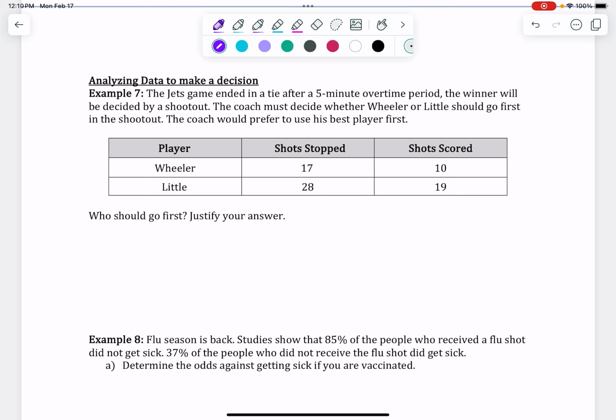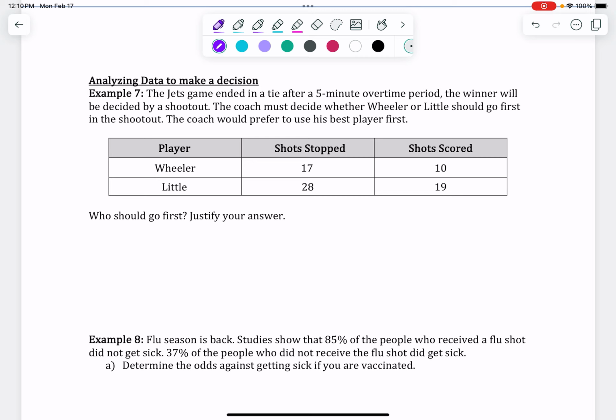So we can't directly compare them and look at the odds provided and say, oh yeah, obviously so-and-so should go first. Quite honestly, probabilities as fractions, for similar reasons, aren't the most useful to compare either. As long as the denominators are different, it might be hard for us to directly compare.